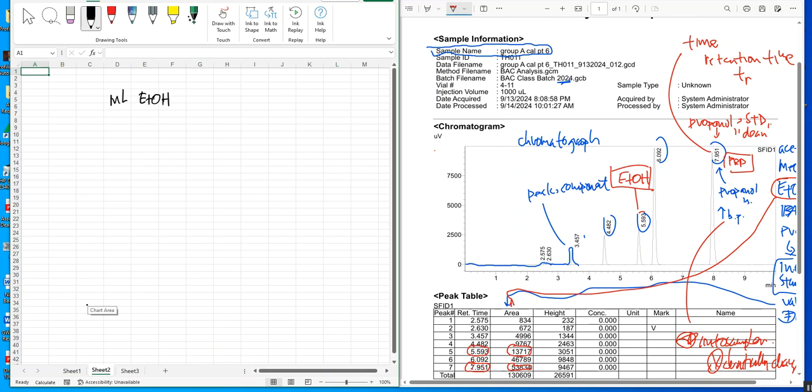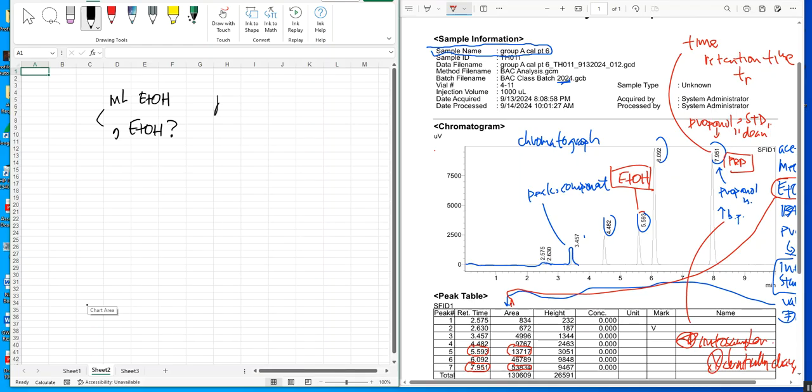But this calculation is going to be mass-based, so milliliters won't cut it. We need to know how many grams of ethanol that would have been. If I took that 4 milliliters and put it onto an analytical balance and weighed it, what would be the mass? What did we actually use gram-wise, not milliliter-wise?